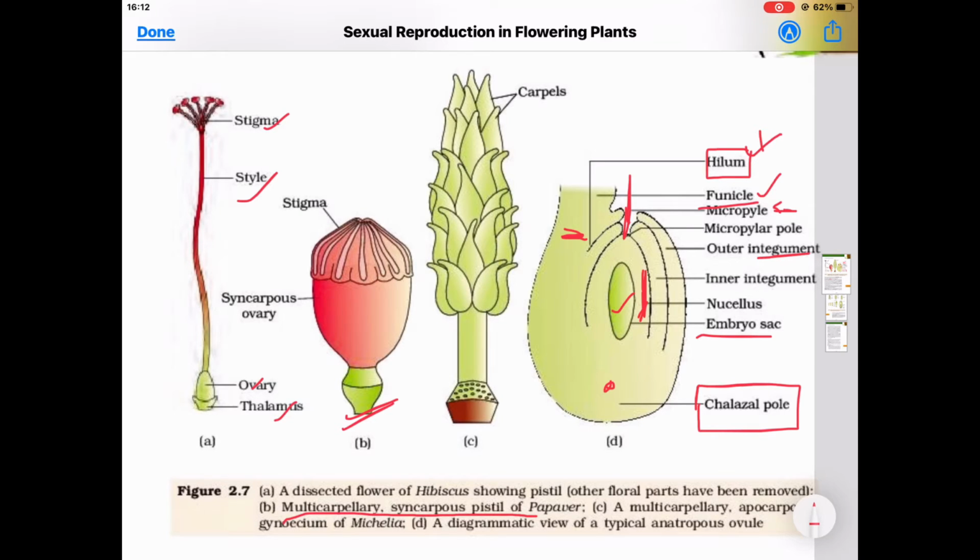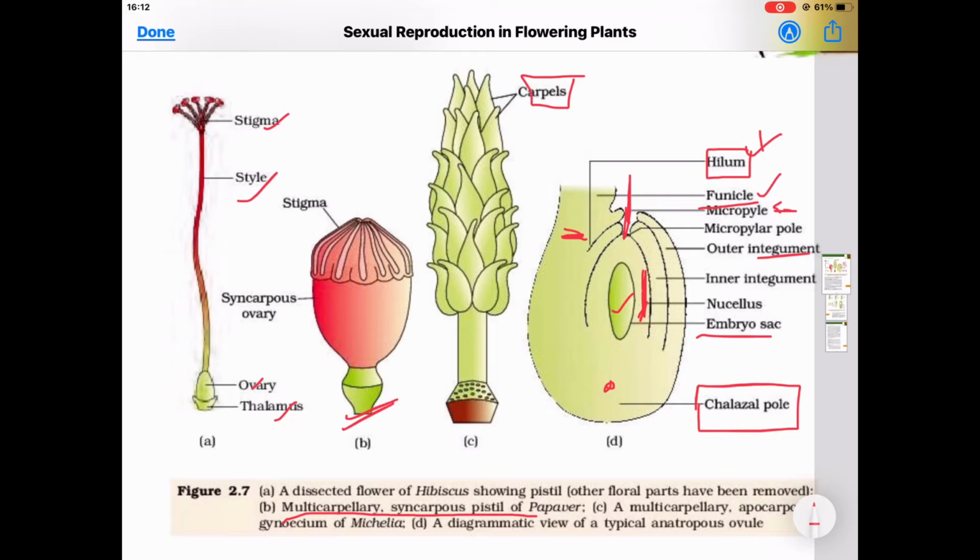Many ovaries are present. Apocarpous means they are not fused. Multicarpellary, that is many ovaries are present. Apocarpous means these ovaries are not fused with each other. So in papaver ovaries are fused, and in michelia the ovaries are not fused, they are free.